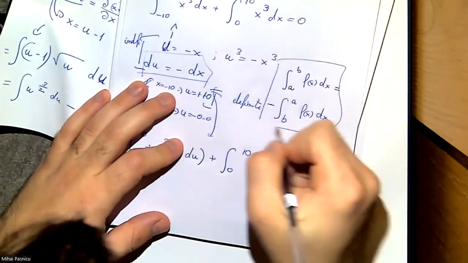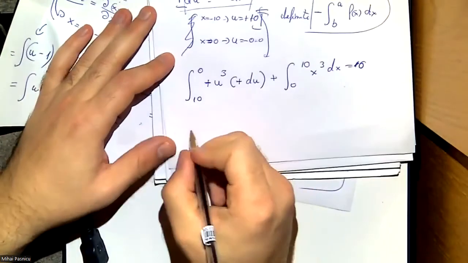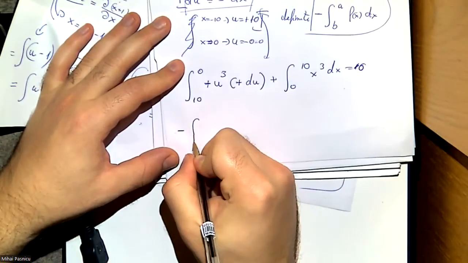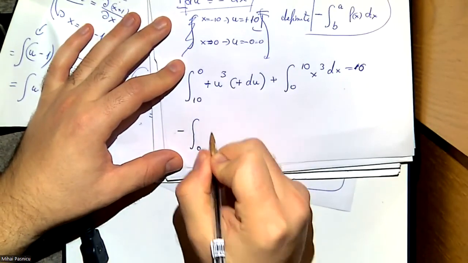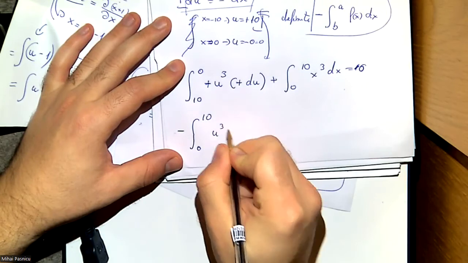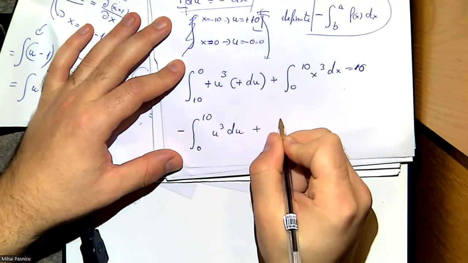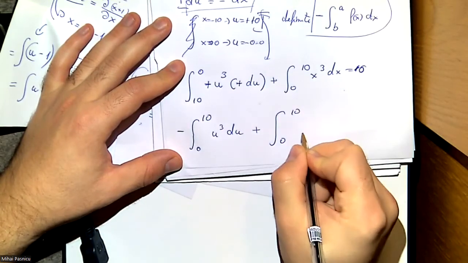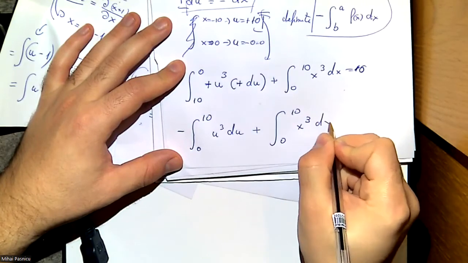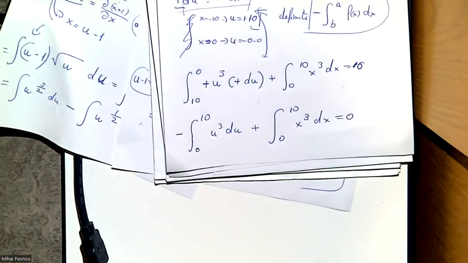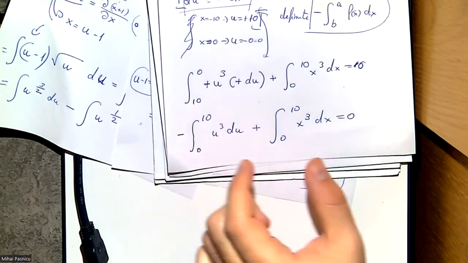Okay? So I do that here, and I get minus the integral from 0 to 10 of u to the third du plus the integral from 0 to 10 of x to the third dx is equal to 0. And now I hope you see why I'm saying that it's equal to 0. This thing is the same as this thing.